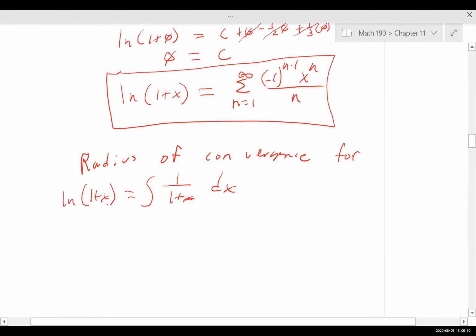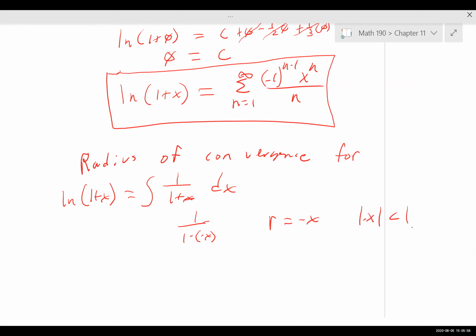So we want to think about what would be the radius of convergence. Well, this is 1 over 1 minus negative x. So r in this case would equal negative x. So I would want the absolute value of negative x to be less than or equal to 1, I think. I think it's a hard less than, because usually you get 1 minus 1, and we don't want that. Yes, it's a hard inequality.